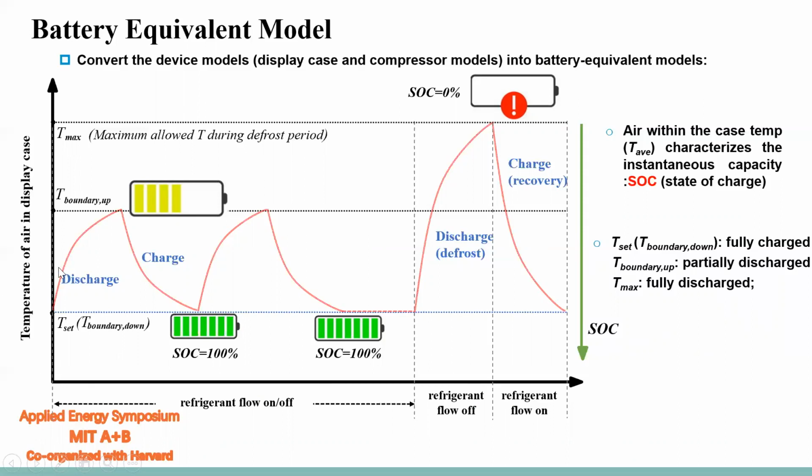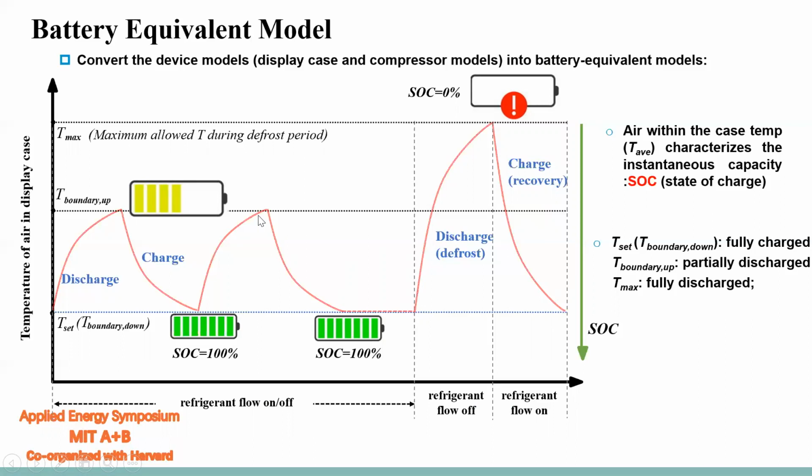The right line is the profile of the air temperature, which is commonly available to characterize the instantaneous capacity, namely the SOC, the state of charge of the BEM. During a normal period, if the temperature reaches the lower value, which is the set point, it means that the status is fully charged at this moment, and the SOC is 100%.